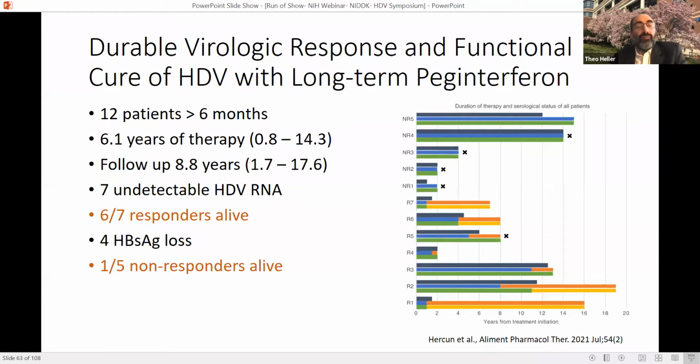And only 1 of 5 of the non-responders was alive at follow-up. Again, showing that even although response rates virologically or biochemically weren't ideal, there seemed to be a benefit with treating with interferon that extended beyond the simple endpoints.